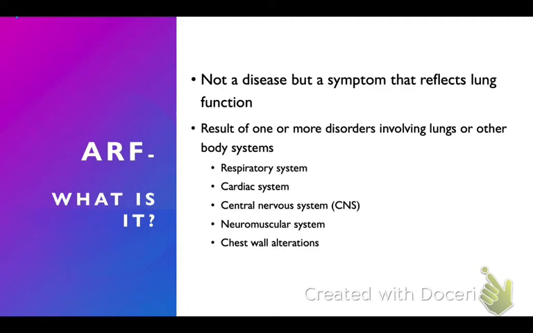The neuromuscular system, central nervous system, chest wall alterations. We just talked about tension pneumo, which can lead to respiratory failure. Also, cardiac tamponade. So there are so many things that can cause respiratory failure.